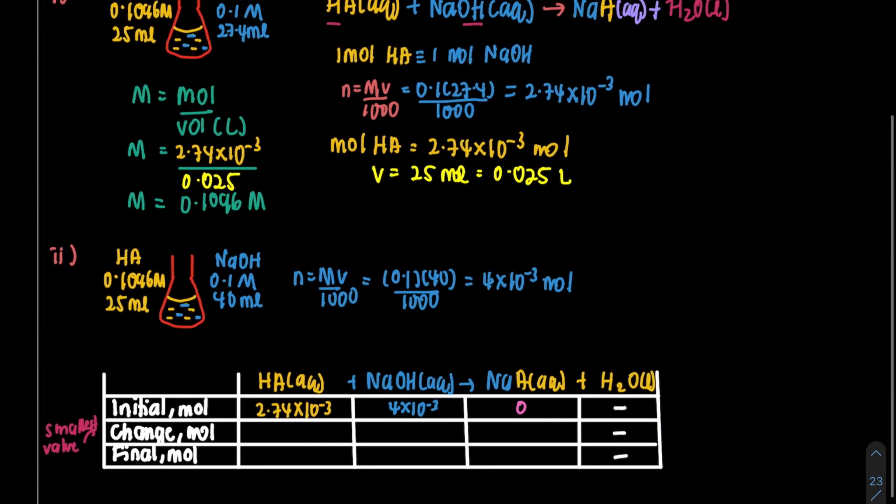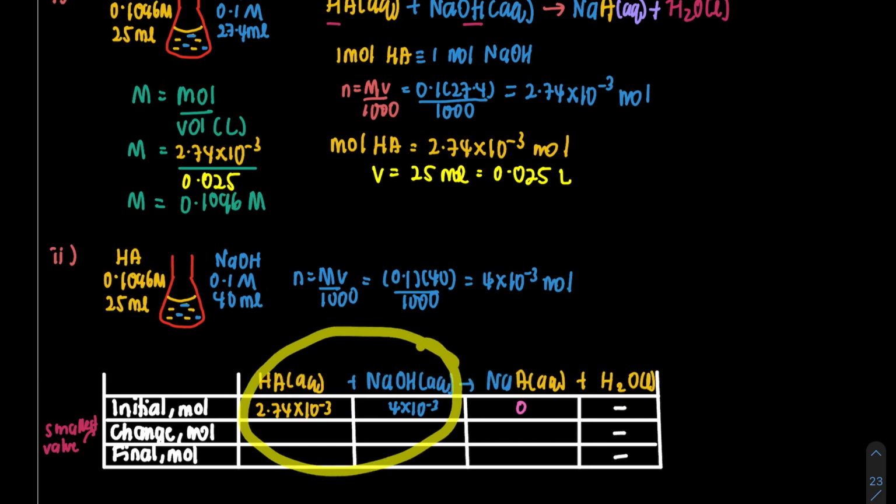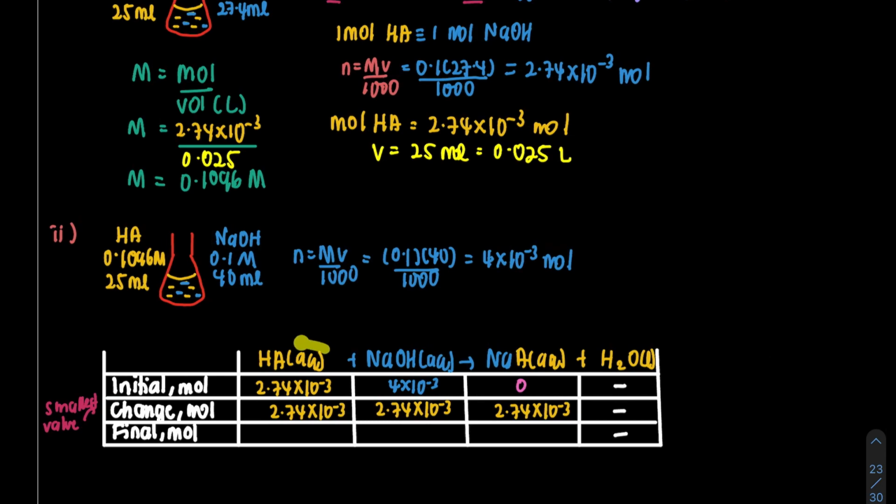So we take 2.74 and subtract it from all of this. The reactant will be minus, the product will be plus. Since this is our reactant on my left-hand side, we write minus, and this one will be plus.